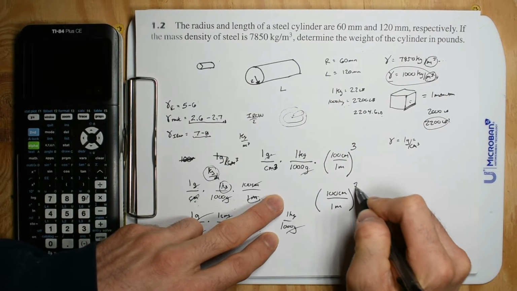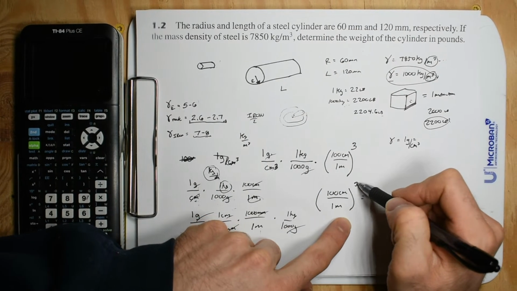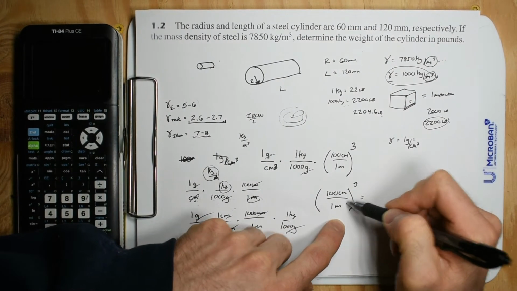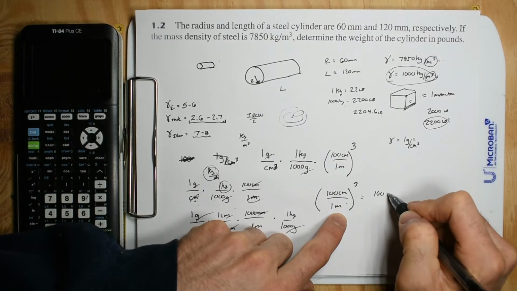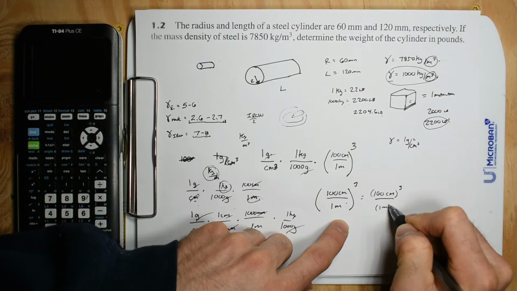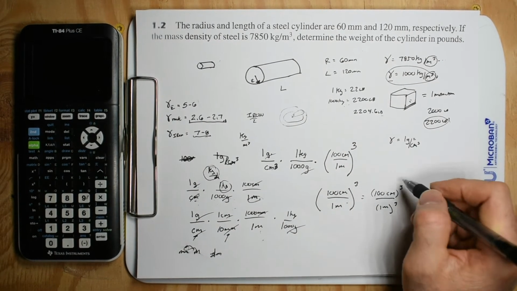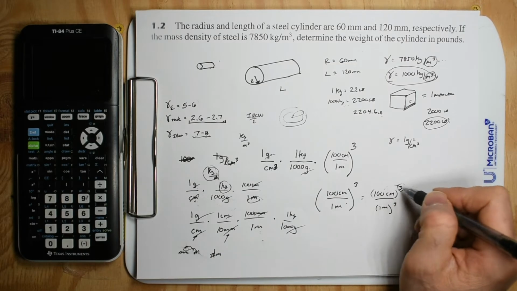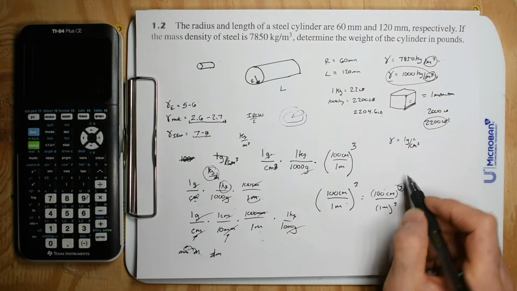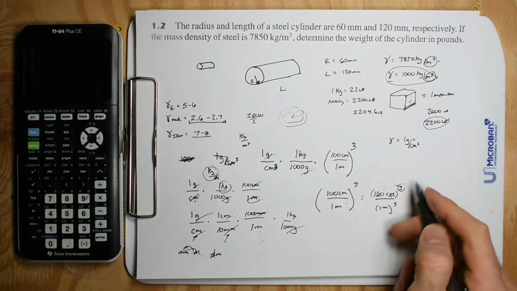If you cube this, from math you can cube the top part and cube the bottom part. So we can go 100 centimeters cubed, and 1 meter cubed. And we can go farther: we can cube 100, and then cube the unit.